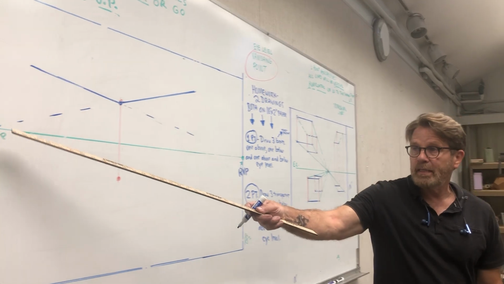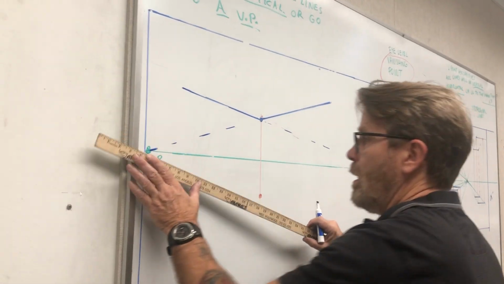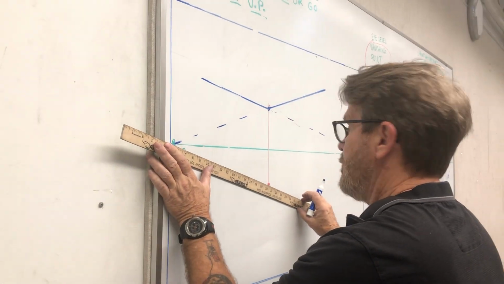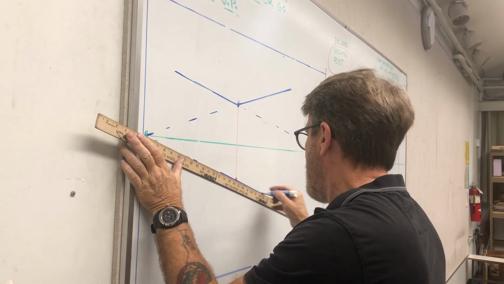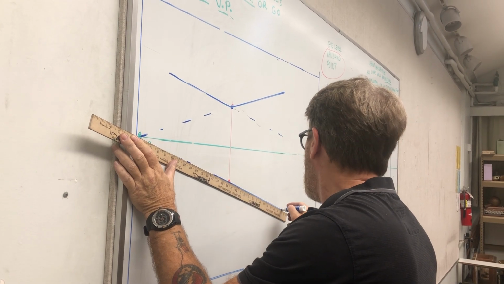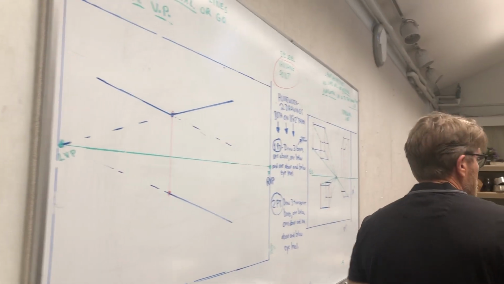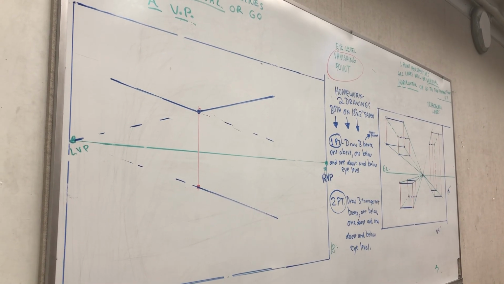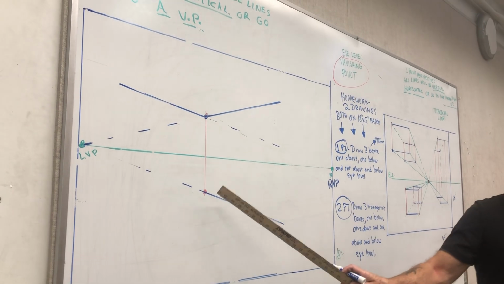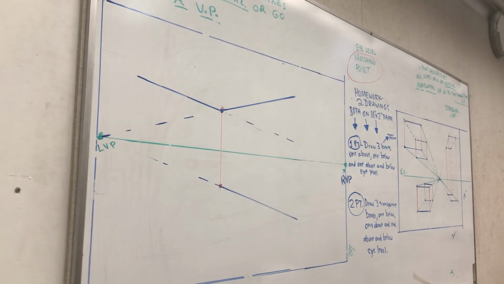So I've got that going on. I'm going to do the same thing at the bottom. Here's my corner. Left vanishing point. Now from my right vanishing point, I'm going through that same corner, or going to the right vanishing point, arguably.